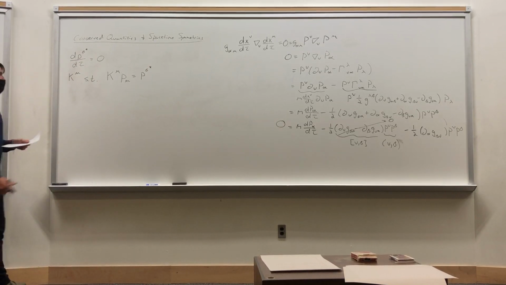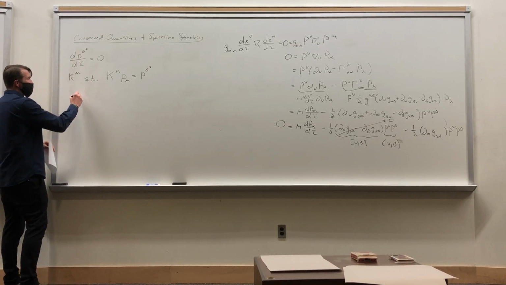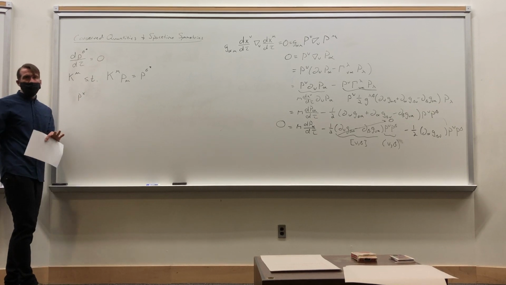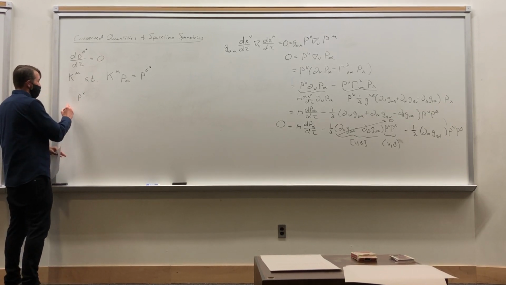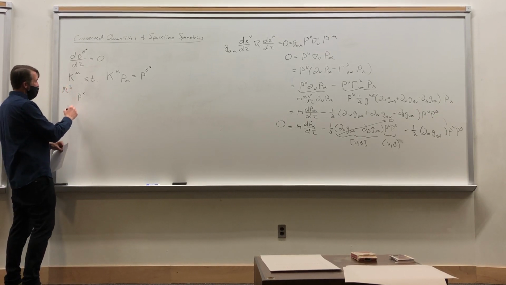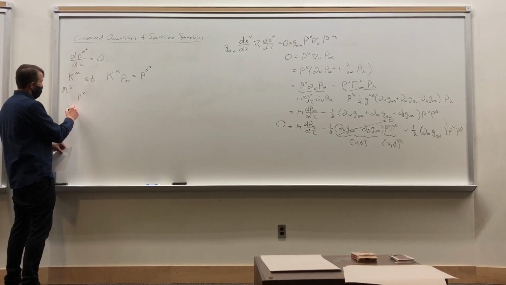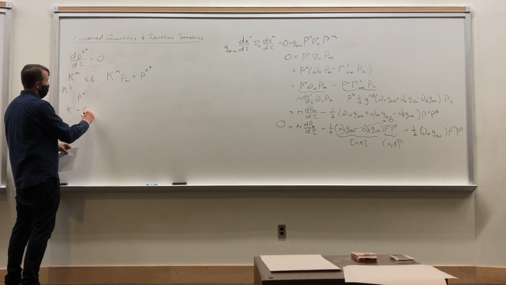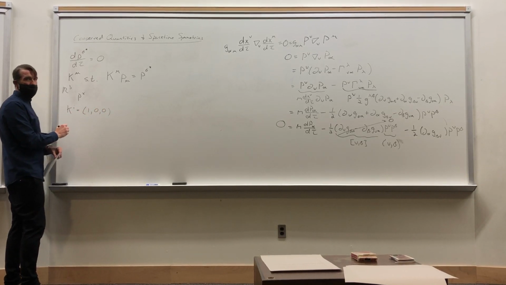Okay? So just as an example, imagine that the x component of the momentum was conserved. Then the vector, and I'm talking about in R3, the k vector, we might write it like this, would just be 1, 0, 0. Okay?